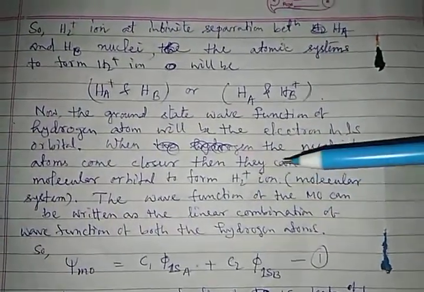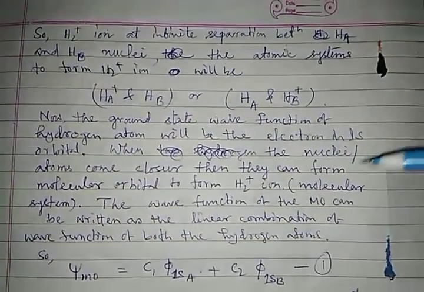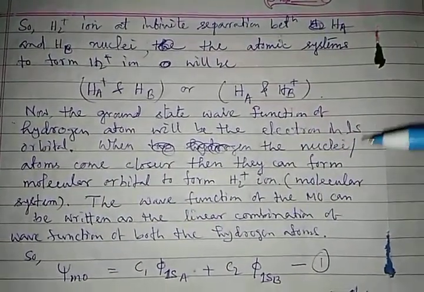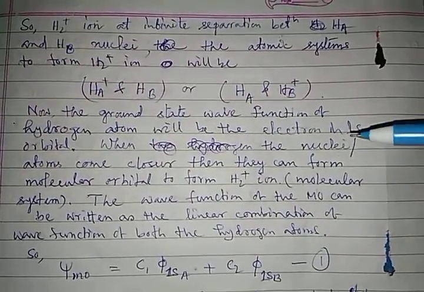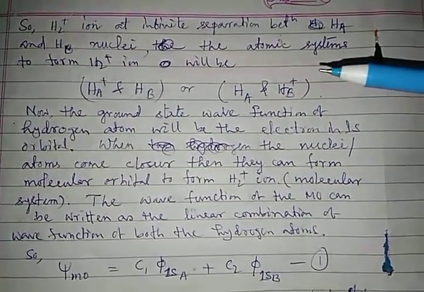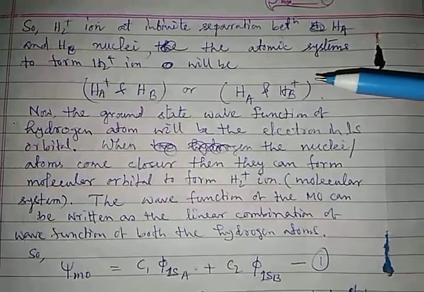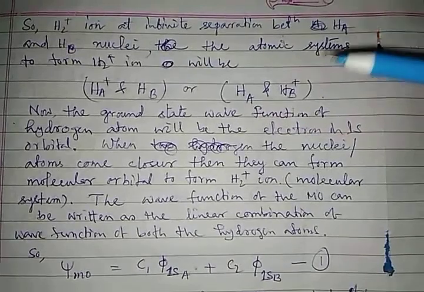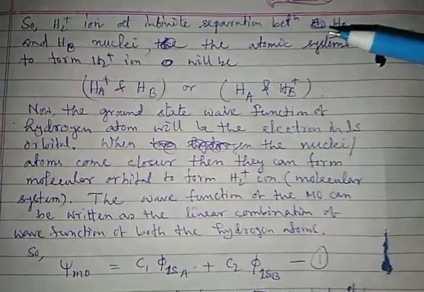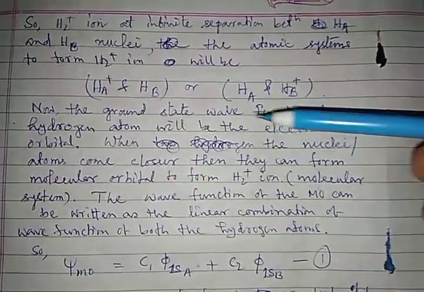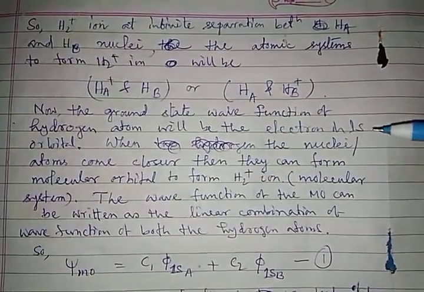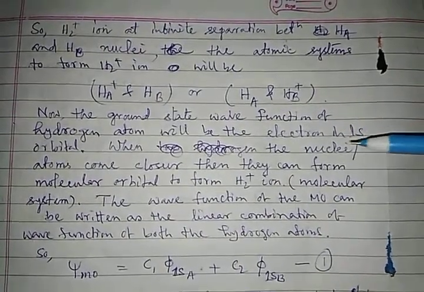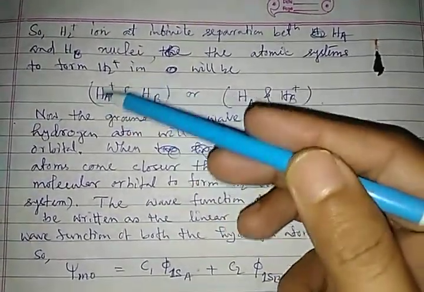For hydrogen, the ground electronic configuration is the 1s orbital, because the energy of 1s is the ground state and upper states are not populated. That means the energies of 2s, 2p, 3s, 3p, and so on are too high to be occupied by the electron in the ground state. So the electron will reside in the 1s orbital of these two systems.